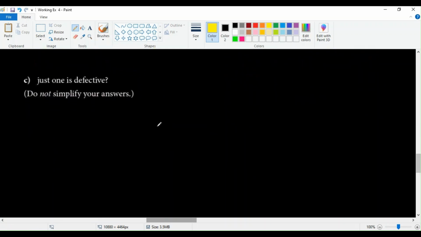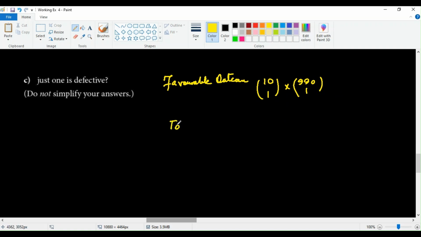Now when it comes to just one is defective, so in here what we can do is that favorable outcomes is 10 choose 1 multiplied by 990 choose 1, and this is a favorable outcome, and the total outcome is 1000 choose 2.